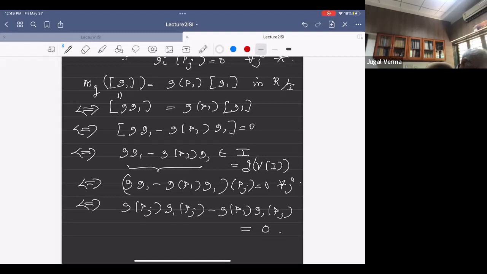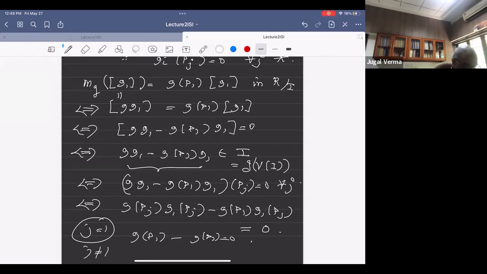Do you see why it is 0 for every j? If you take j equal to 1, then it is just g(P1) minus g(P1), this is 0. If j is not equal to 1, why is it 0? Somebody should answer.